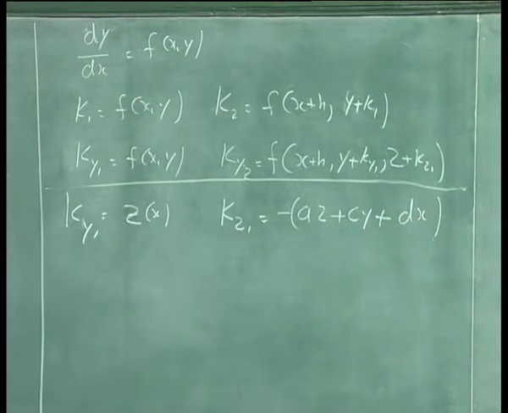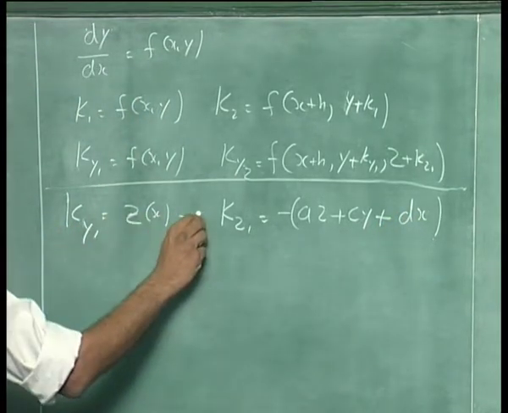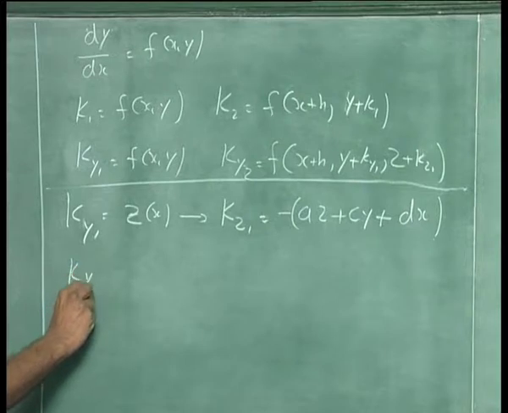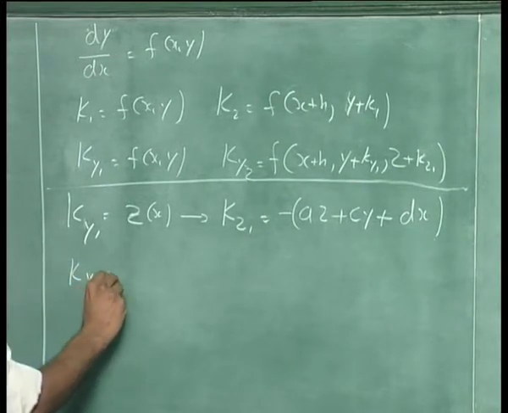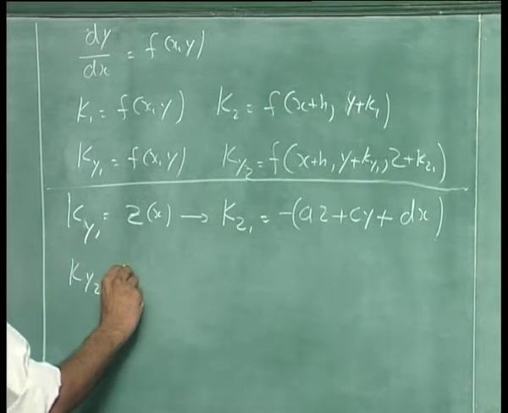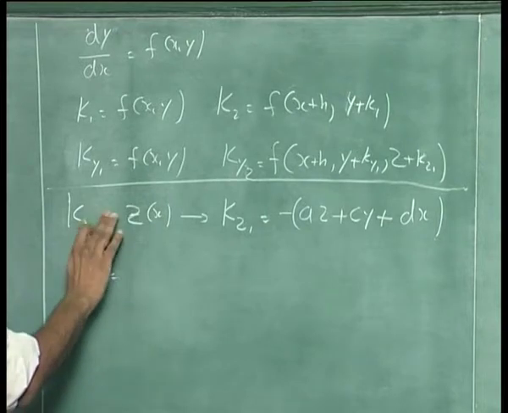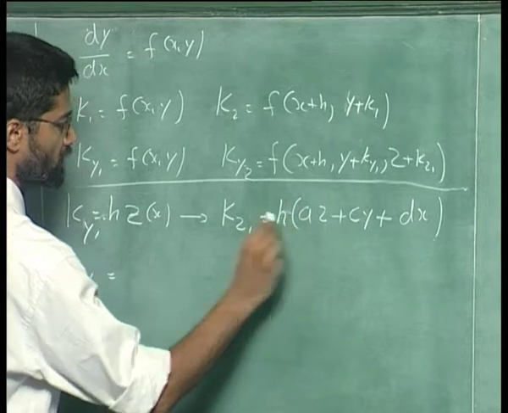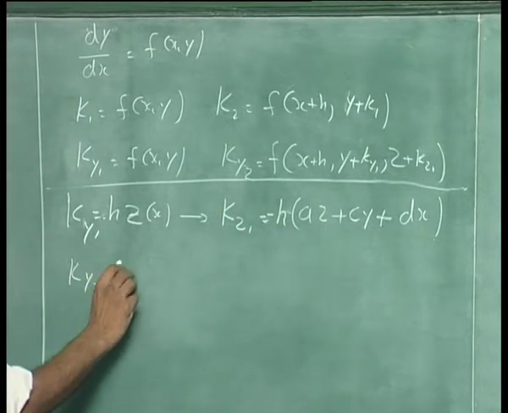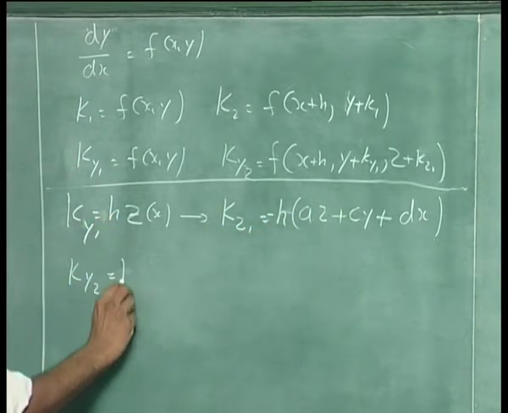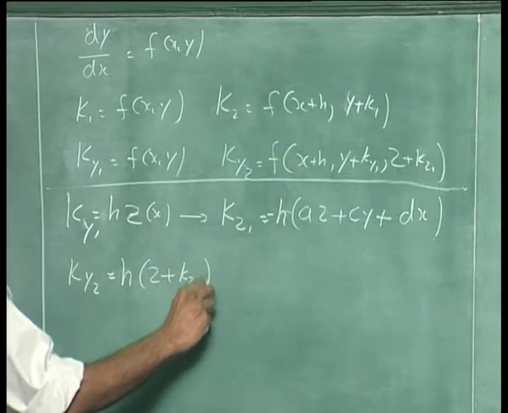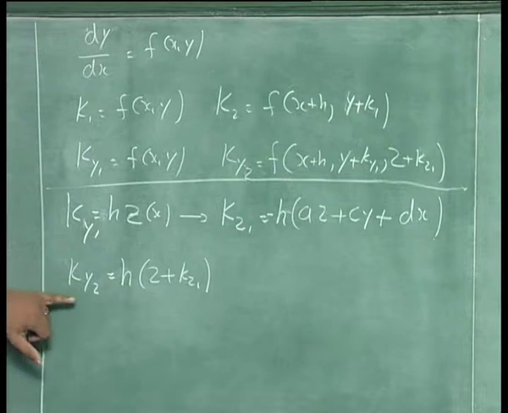That will be the second quantity. First I compute ky1 and then kz1, and then I will do ky2. We are going to use an h here for everything, so h times z plus kz1. That is what I am going to use to compute ky2.